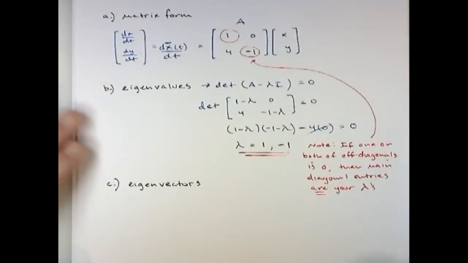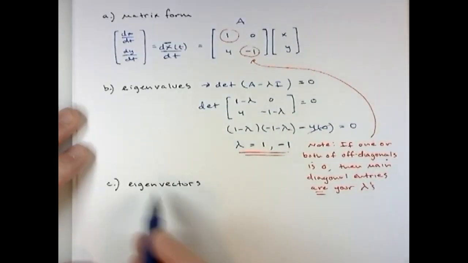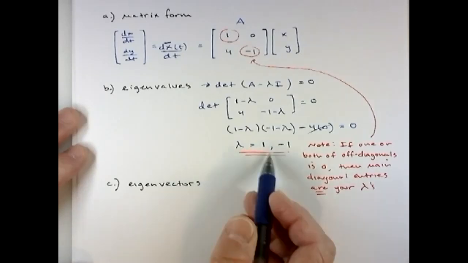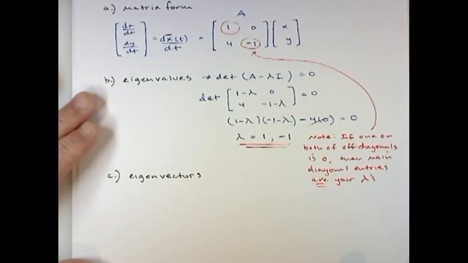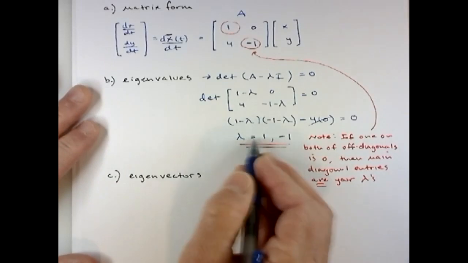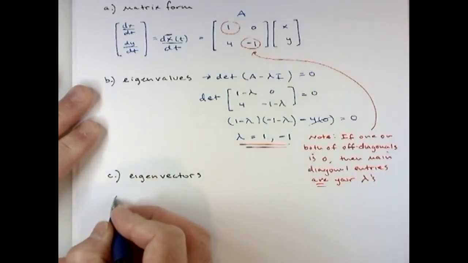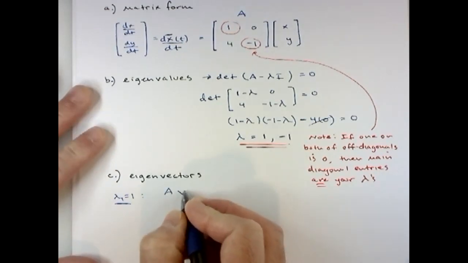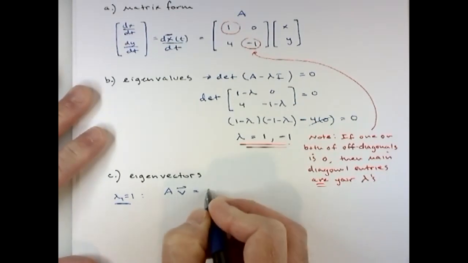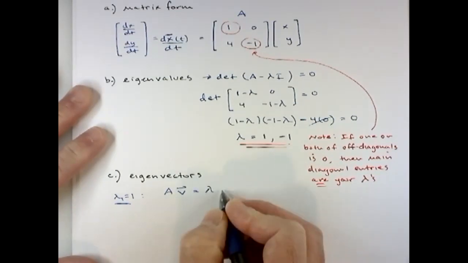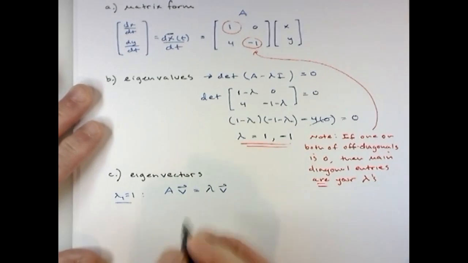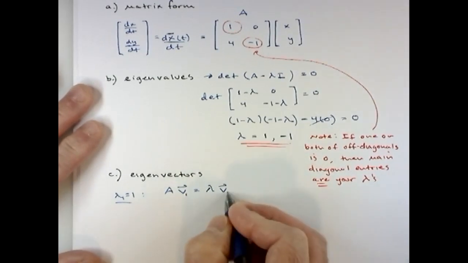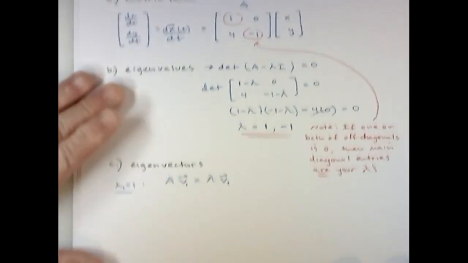Now we'll find our two eigenvectors, one for each of our eigenvalues. So we'll assign 1 to be our lambda 1. Remember our definition: the matrix times your eigenvector is your eigenvalue times the eigenvector. We'll call this V1 because this will be the vector that goes with lambda 1.